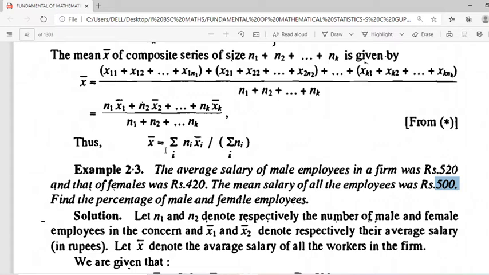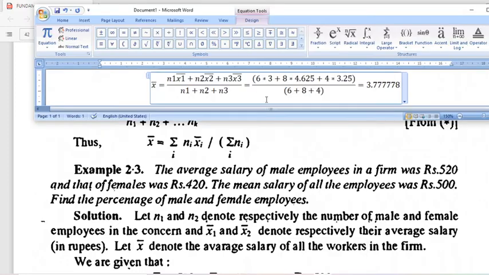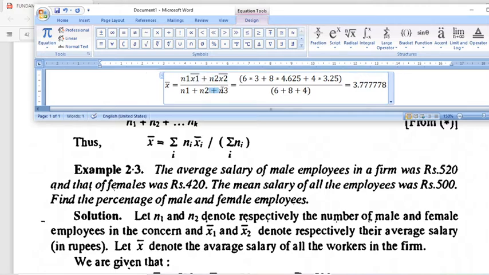The mean salary of all the employees, x bar, is given: that is rupees 500. Find the percentage of male and female employees. To find the percentage of male and female employees, we have to find N1 and N2. Here we have only two series, the male series and the female series. In this problem, x1 bar is given.